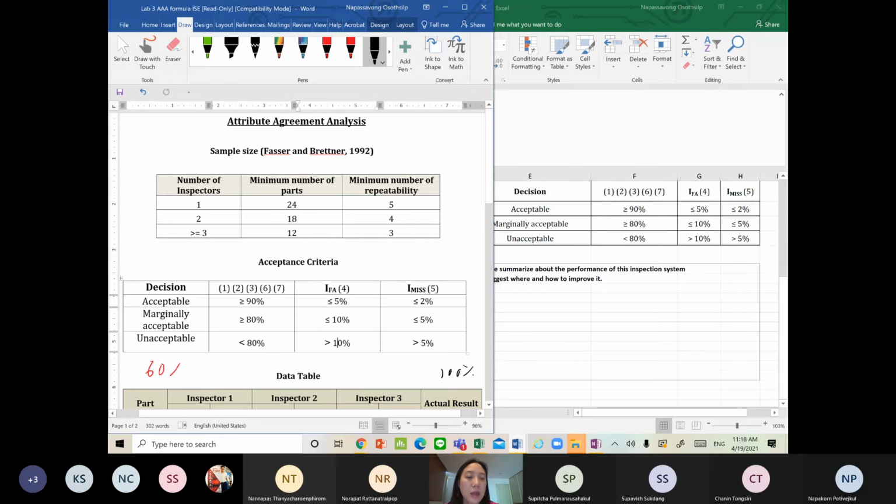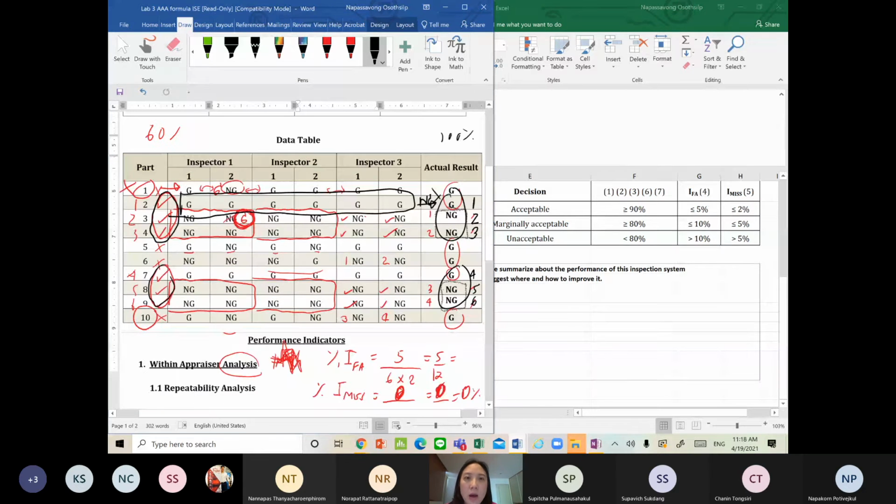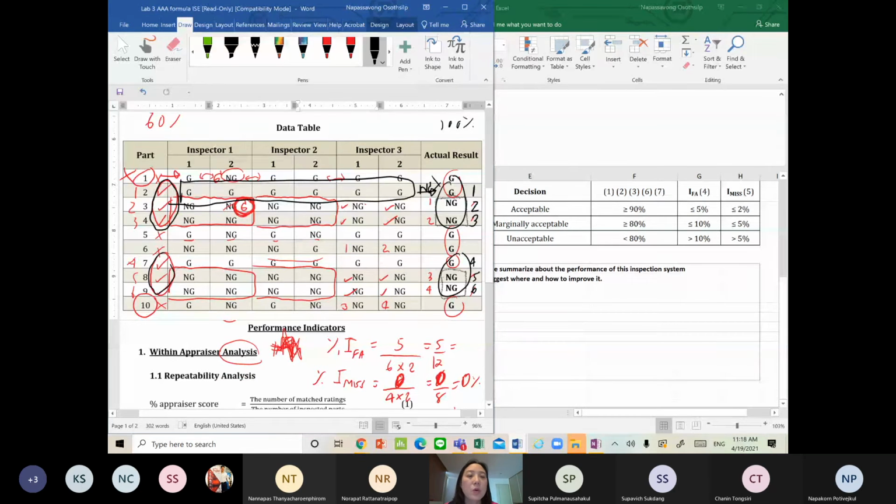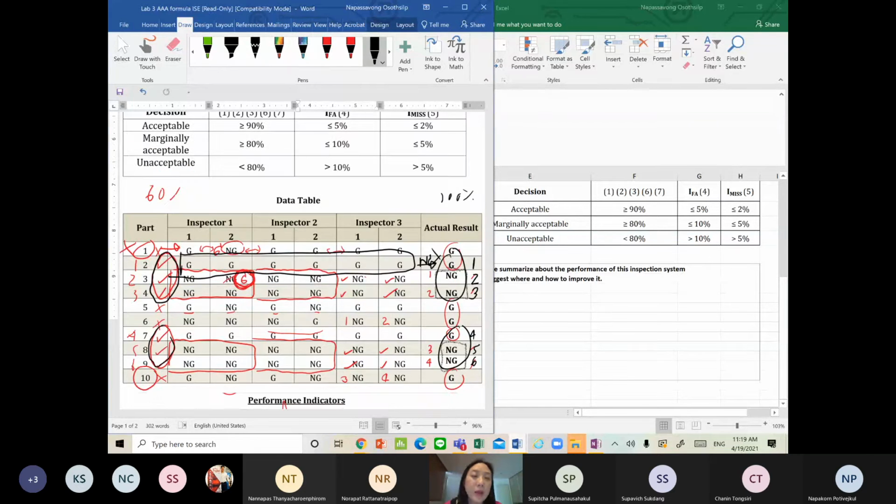Like in this case, we have 10 parts. We have each inspector inspect 10 parts for the test, and we have each inspector inspect them twice.